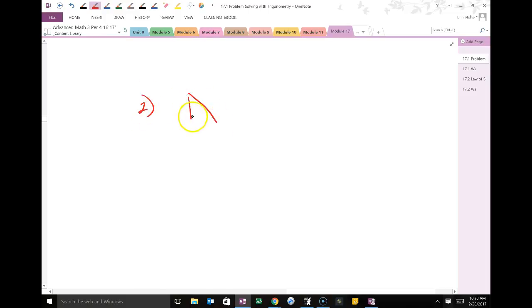Let's pretend you're solving this triangle, A, B, C, and we're just going to find angle A. This length over here is 10, and this one over here is 15. How would I do that?